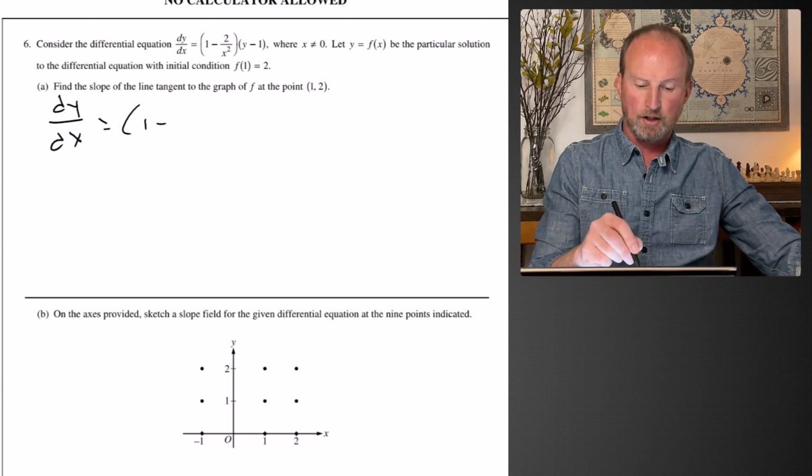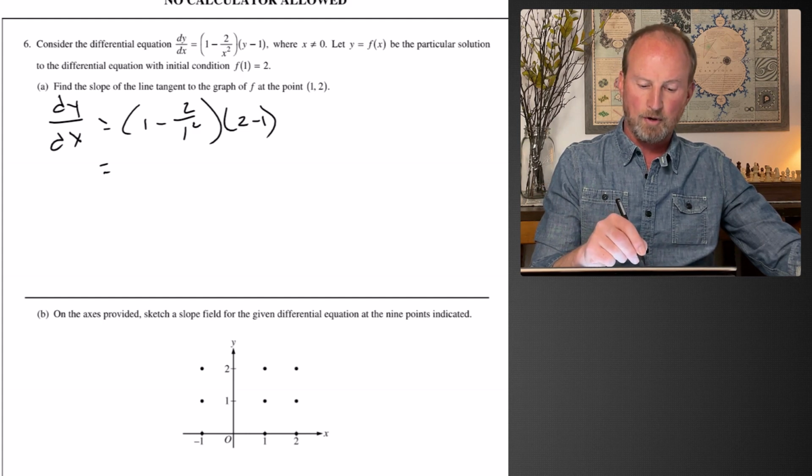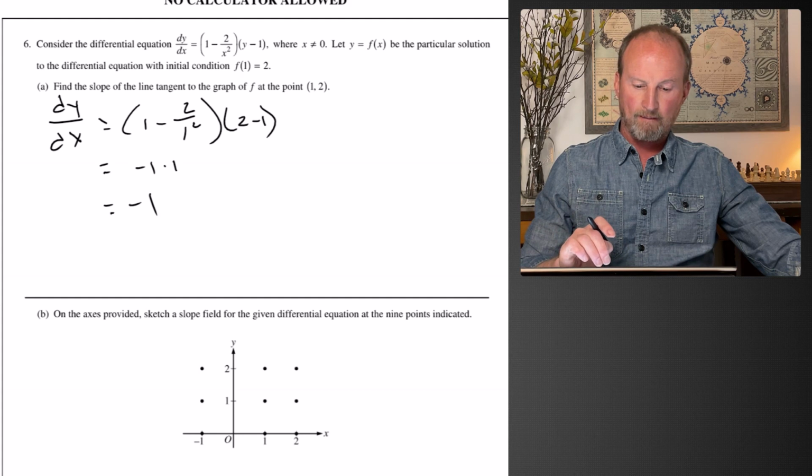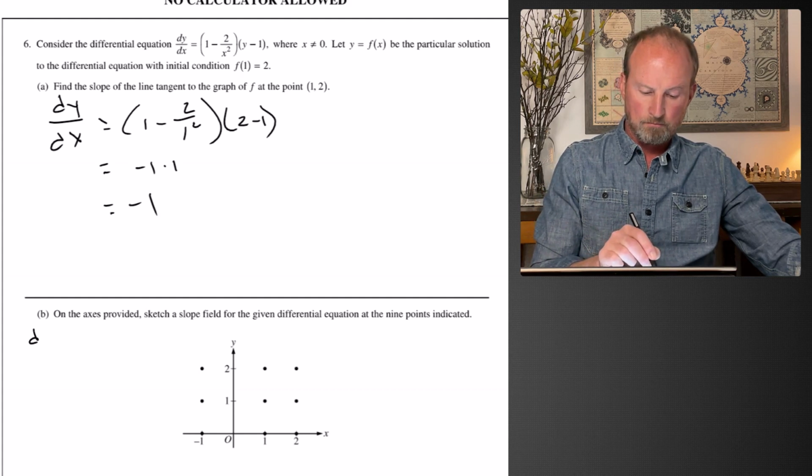So I'm just going to plug in my points. x equals 1, y equals 2. 2 divided by 1 is 2. 1 minus 2 is -1. 2 minus 1 is +1. Multiply those, and I get -1. Pretty straightforward. Those are nice, especially at the end of the test on question 6, to have a 30-second super easy question. Okay, this one's not much worse.